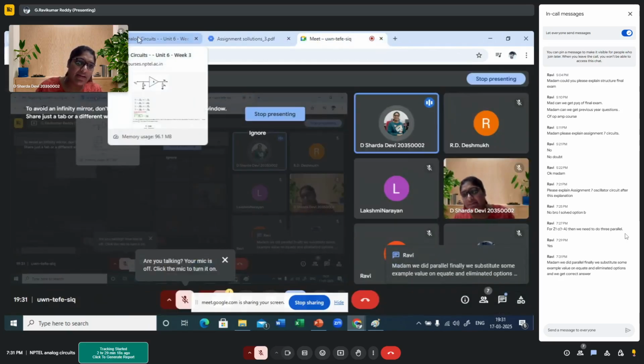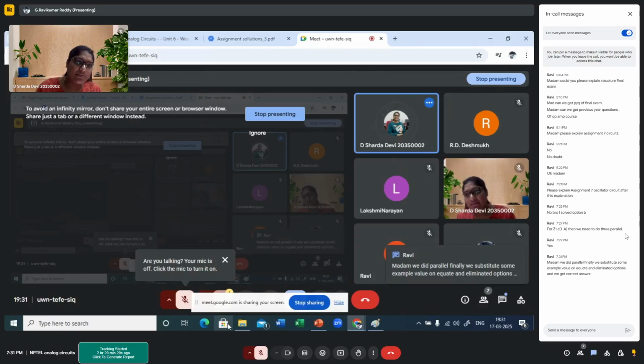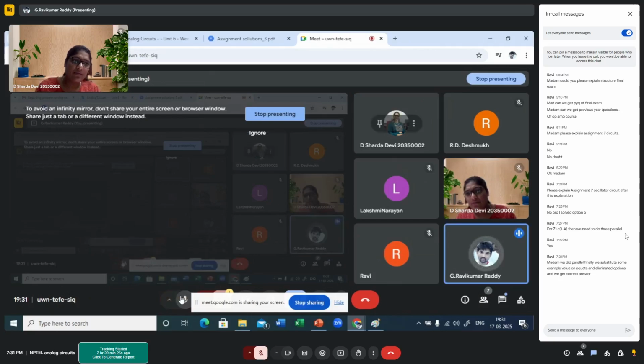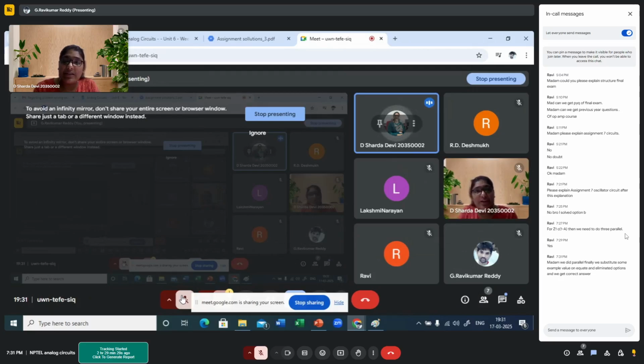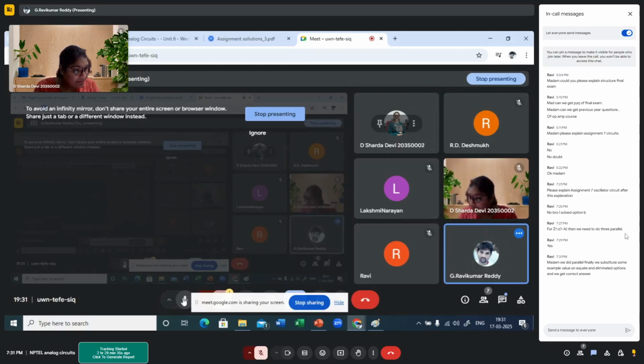We did the parallel finally, with some example values. This is correct, madam. Okay, sorry. It is 101 by 100 only, right, madam? Yes, because in the denominator you are only getting a factor of A, right?